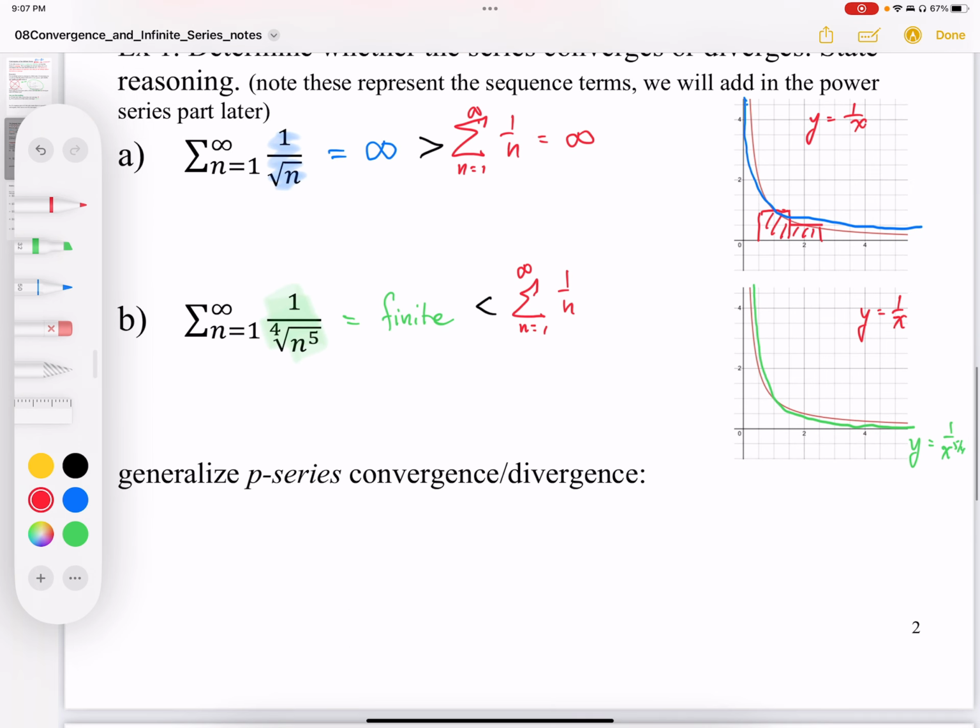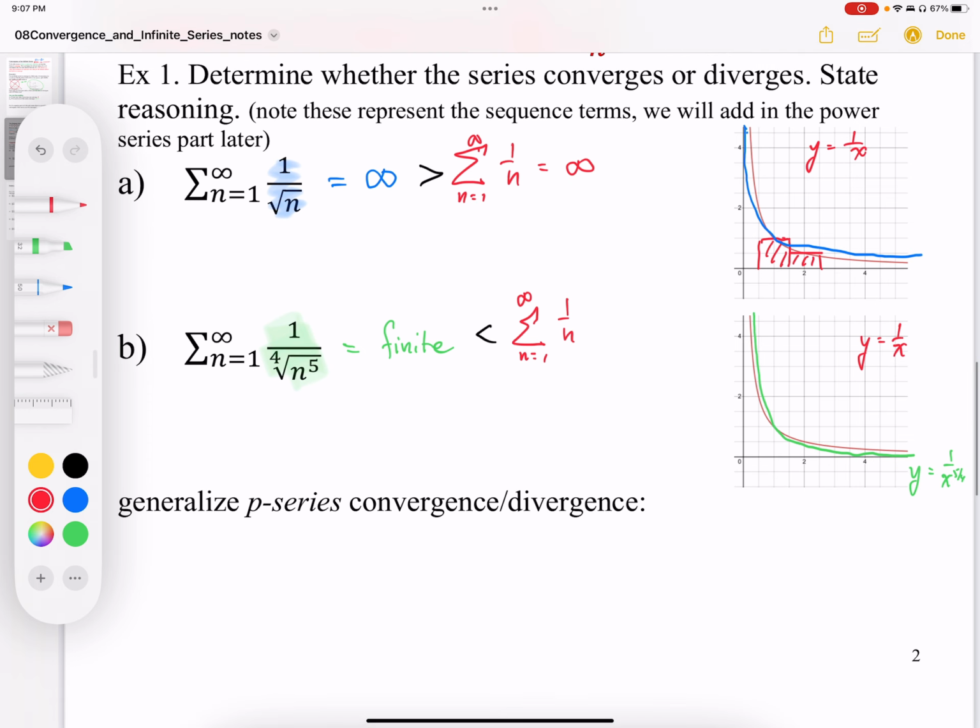So we can generalize these p-series. When p is less than 1, this is diverging, an infinite sum. If p is equal to 1, it's still diverging because this is our boundary, our 1 over x function, or 1 over n function.